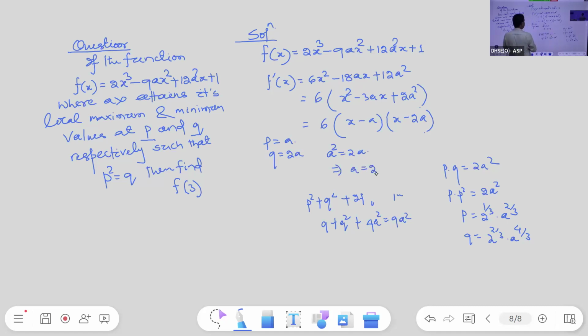If we take a is equal to 2, then f of x will be 2x cube minus 18x square plus 24x plus 1. We have to calculate the value of f of 3.